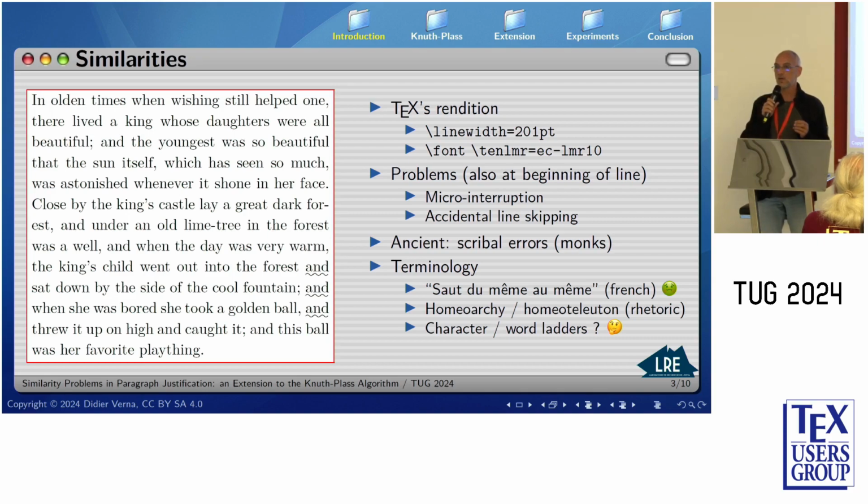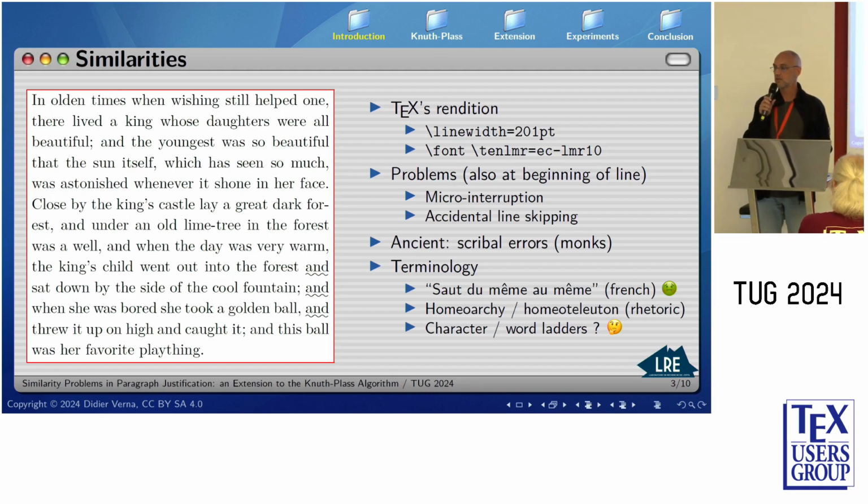In French, we have a very awkward expression which is saut du même au même, literally translated as jump from same to same. Trust me on this, even in French it sounds really awkward, so this is a typical case of pardon my French. I don't like this expression at all, but I've heard professional typographers use it, so it exists.